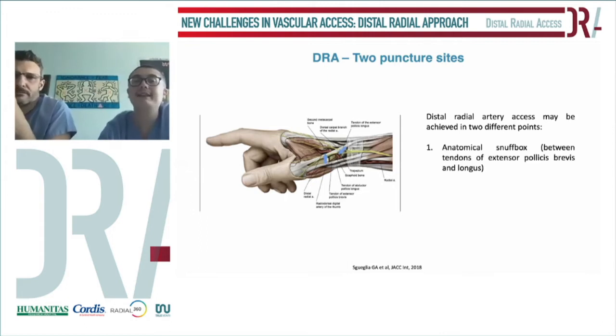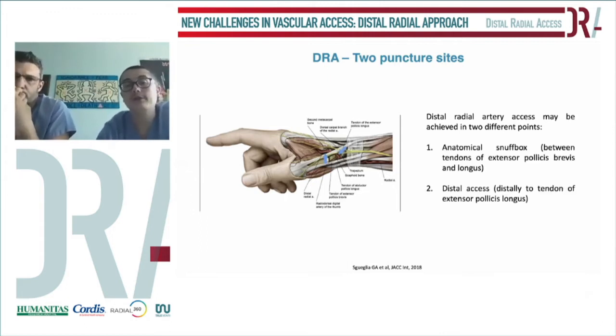in fact distal radial artery is made of two different puncture sites. So we can puncture distal radial artery in this relatively proximal, obviously, puncture site, that is the anatomical snuff box puncture site, and it lies between the tendon of extensor pollicis longus and brevis, so these two tendons.